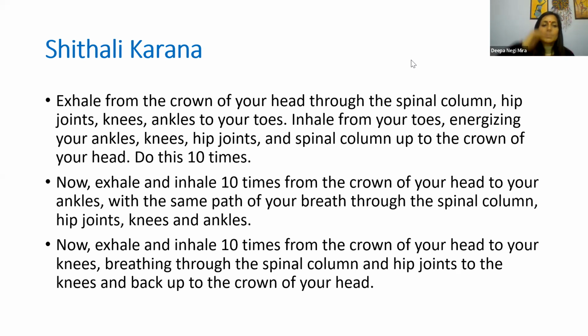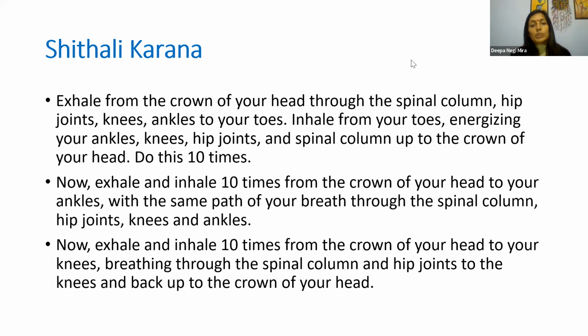Then the next breath is to your knee. Next breath is to your ankle. Inhale to your toes, then ankle, knee, hip joint, spinal column, and crown of your head. So these are the 10 breaths.